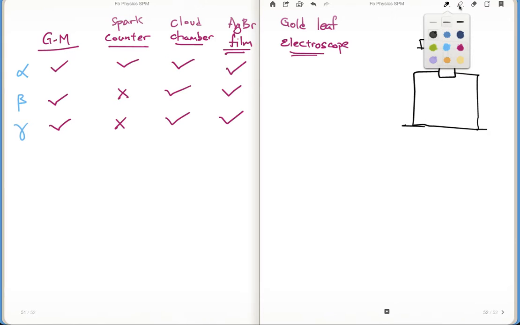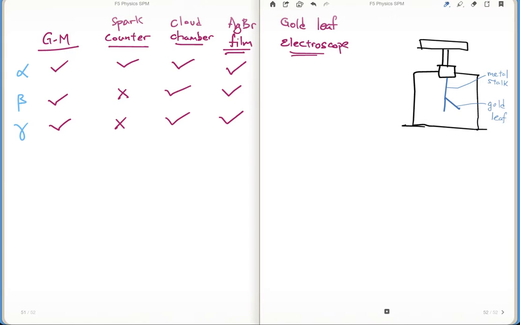In the middle, they have a suspended gold leaf. It's a very tiny piece of gold, not a big mass of gold, so thin and small, like tin foil. The middle part is a metal rod.